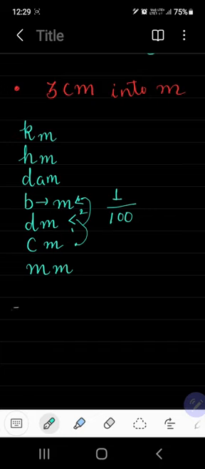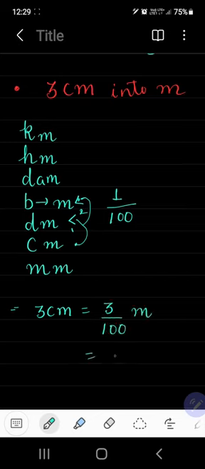So now we will write 3 centimeter equals to 3 upon 100 meter, which is equals to 0.03 meter. 2 zeros means decimal place will come after 2 decimal places.